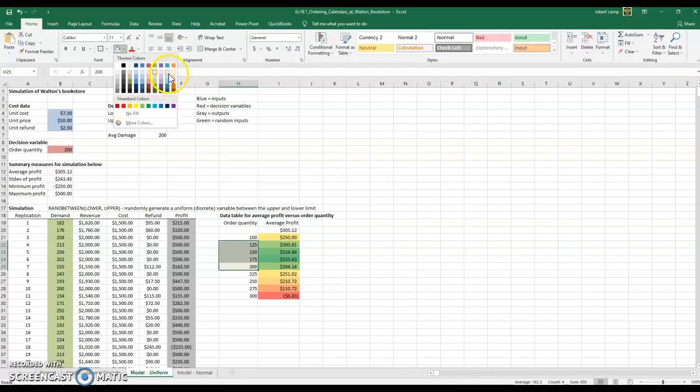Yes, my aesthetic choices are an exceedingly important part of doing this lecture. We'll do it in purple. That's the other Dr. Camp's favorite color. So as we look there, our high end is going to be somewhere between 125 and 200 calendars ordered, with it looks like, once again, the highest being clustered around that 150, 175 point.